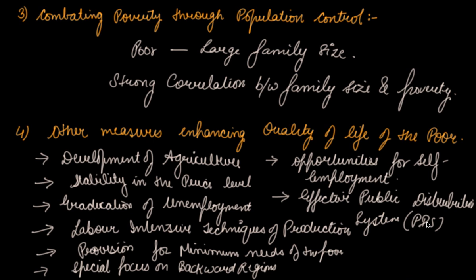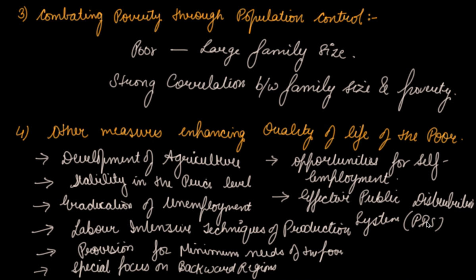The government has opened small ration shops in every region so that poor people can come and get grains at a very subsidized rate, like kerosene oil, wheat, rice. If the wheat you are getting is at rupees 20 per kg, these people will get it at either 2 rupees or 3 rupees per kg. So this is the public distribution system.